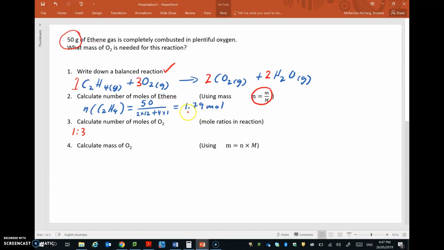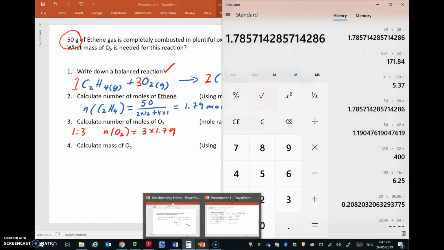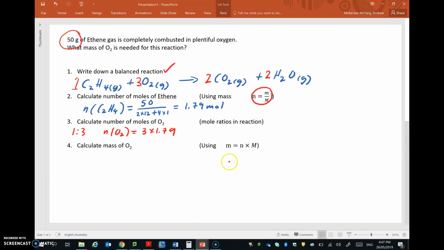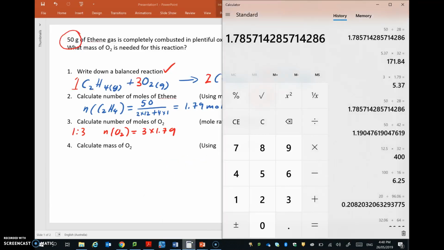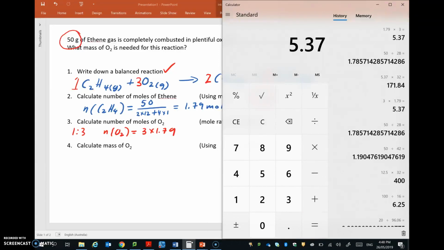So we take the number of moles of ethene and multiply it by 3, and that gives us the number of moles of oxygen. So 1.79 by 3, 5.37 moles.